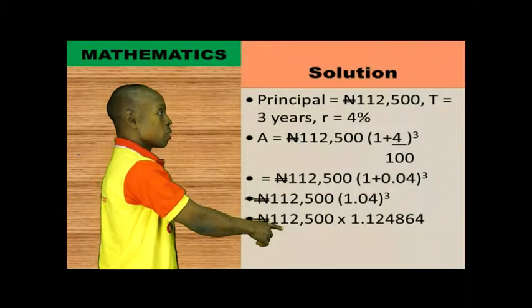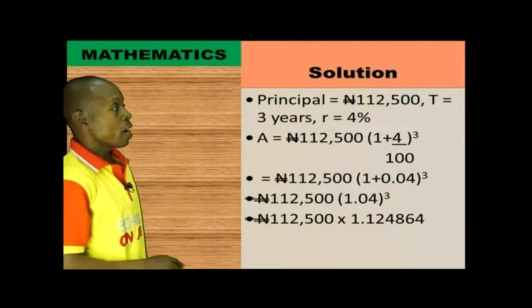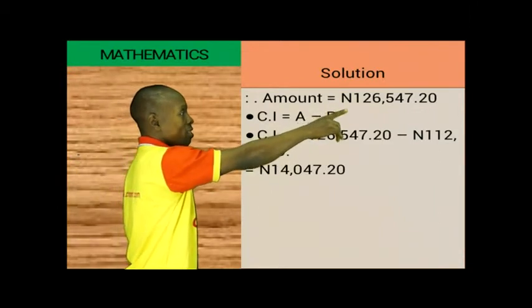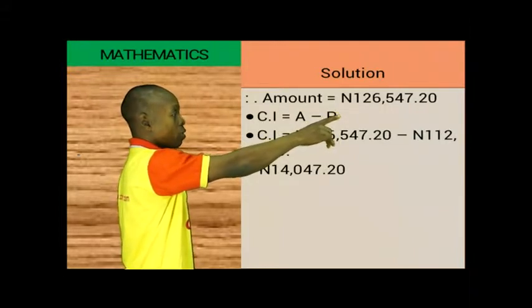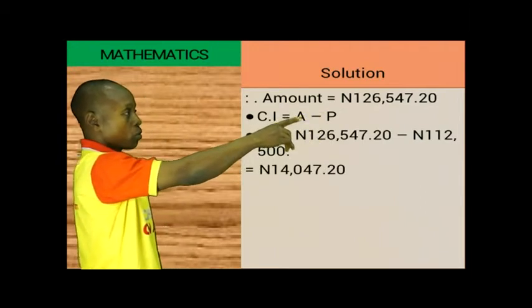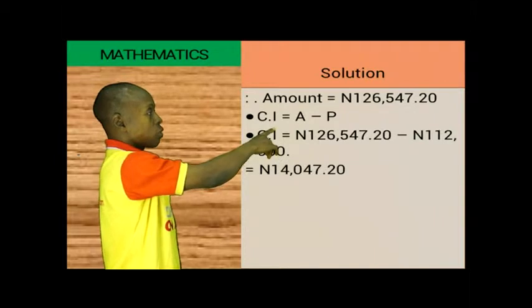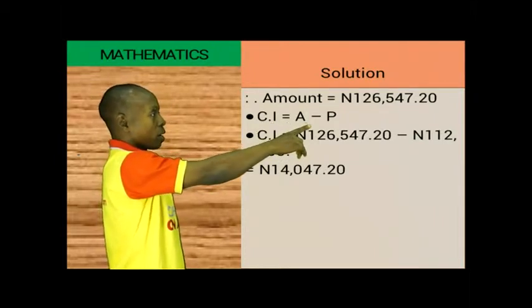So multiply by the principal. If you multiply by the principal, you have amount is equal to 126,547 naira 20 kobo as a result. That's the result you're going to get by the time you multiply that. And don't forget that we said the compound interest is equal to amount minus principal.